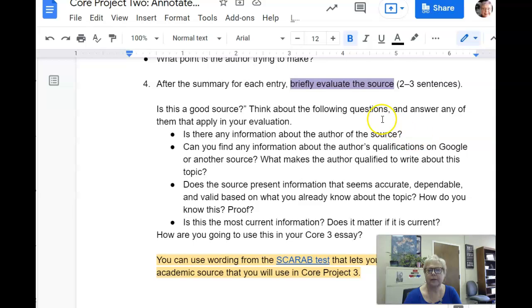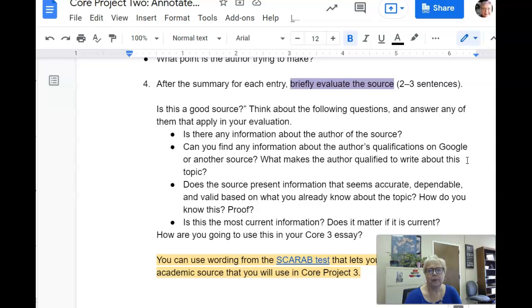And then after the summary, you will evaluate the source, 2 to 3 sentences for that. What makes it a good source? Remember when we looked at the sheets that I asked you to use as you were finding your sources? Well, if you actually took notes on those and did that, you can go back there.